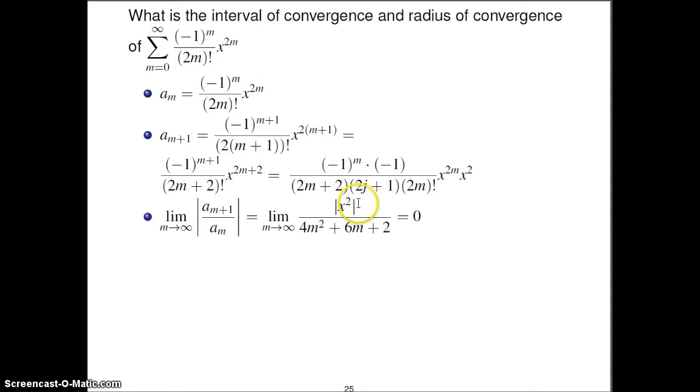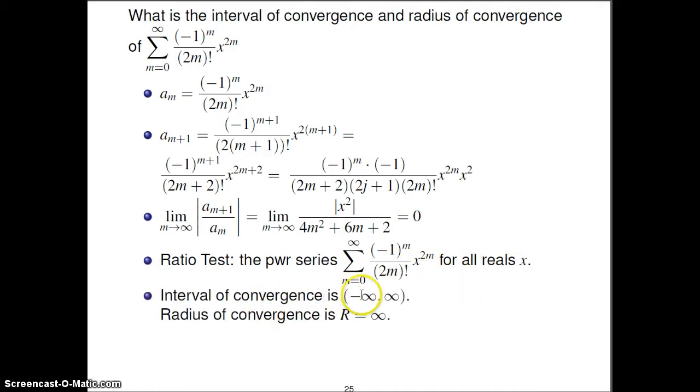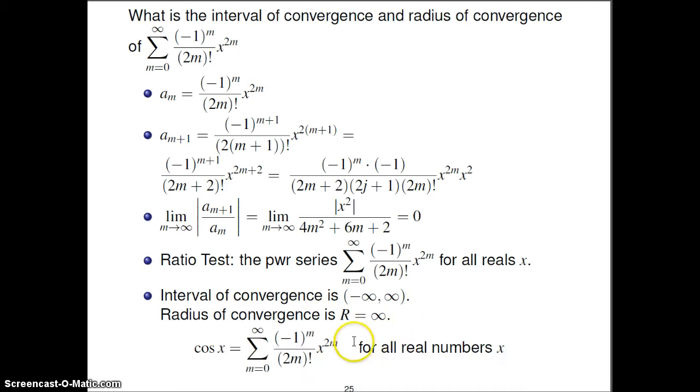As m grows, you have a fixed number over a big number, so the limit of that is 0, and therefore by the ratio test this power series up here converges for all reals, and the interval of convergence is all reals. The radius of convergence is infinity by convention, and so cosine of x will give you the same number when you plug in for x as if you plug in that same x over here. Doesn't matter what real number you use, these two formulas will give you the same thing.